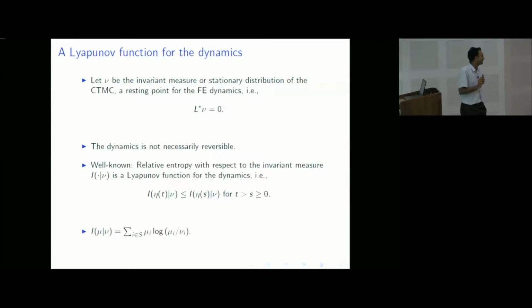So it's well known that relative entropy is a Lyapunov function for this dynamics. What do I mean by that? Relative entropy with respect to the invariant measure, I'll write this as this function, which I'll come back to, is a Lyapunov function for the forward equation dynamics. And I mean a Lyapunov function in this sense: if t is greater than s, then the relative entropy between the distribution of the Markov process at time t with respect to nu, the stationary measure, is less than or equal to the relative entropy between the distribution at some earlier time s and nu.